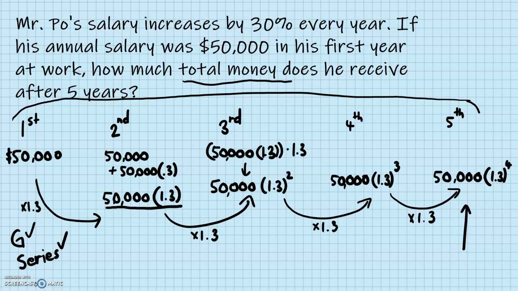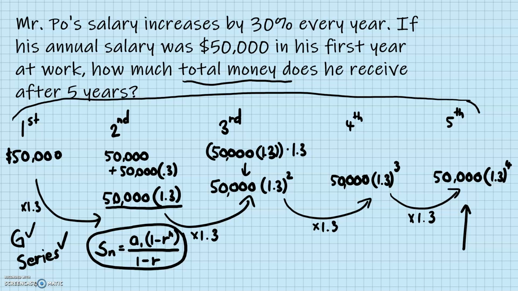Okay, and what was the formula for the geometric series? It was Sn equals the first term times 1 minus r to the n, all over 1 minus r. So this was the formula for geometric series. And let's see if we can identify each of the terms here.